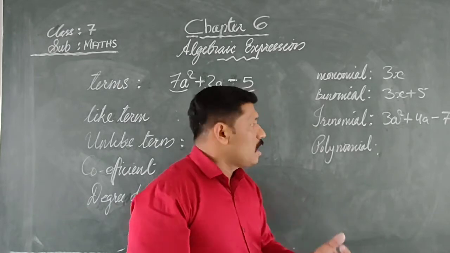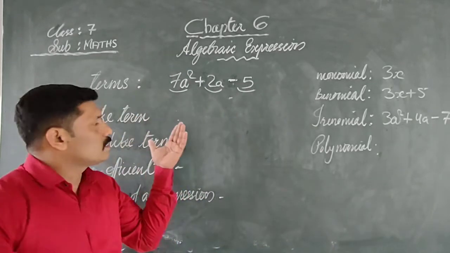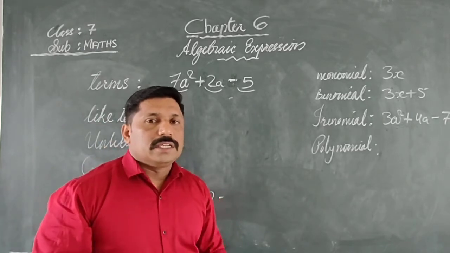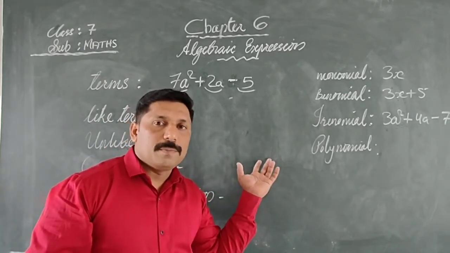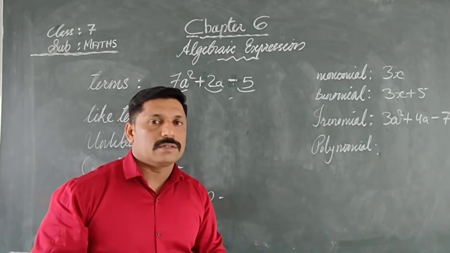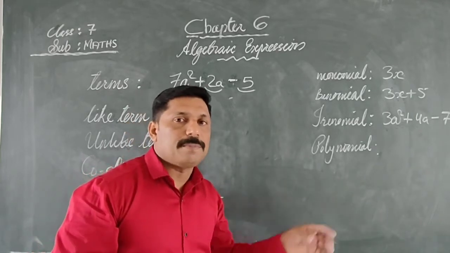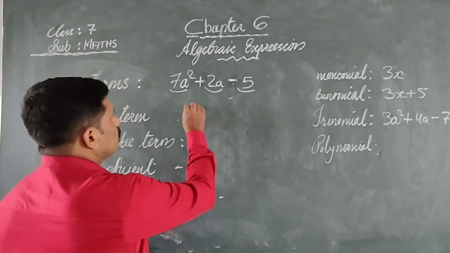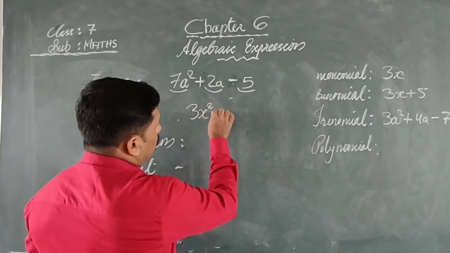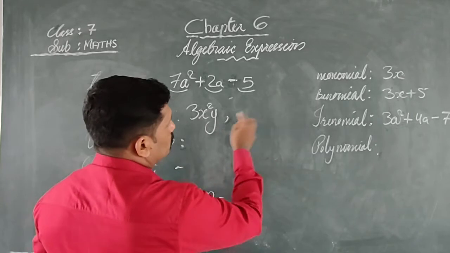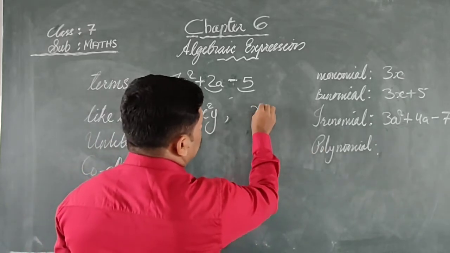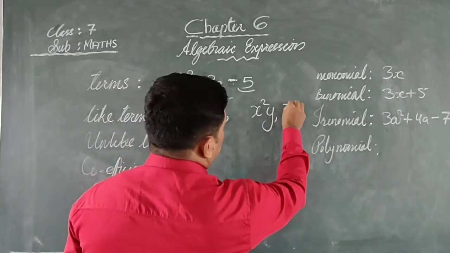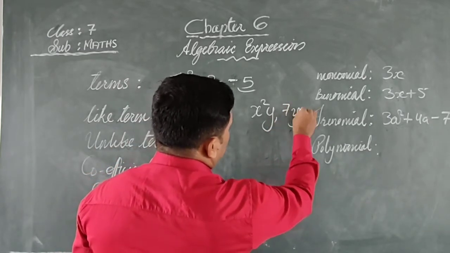And now we are going to discuss what is a like term. What do you mean by like terms? Terms with the same variable part with the same power are called like terms of an expression. Example, 3x square y, another expression x square y, and another expression 7yx square.